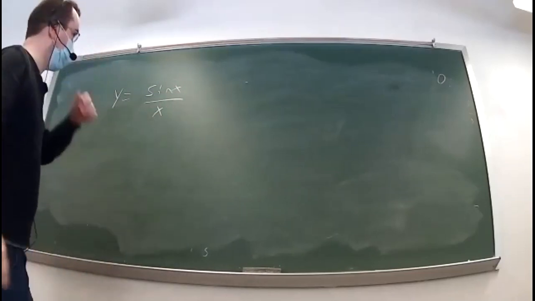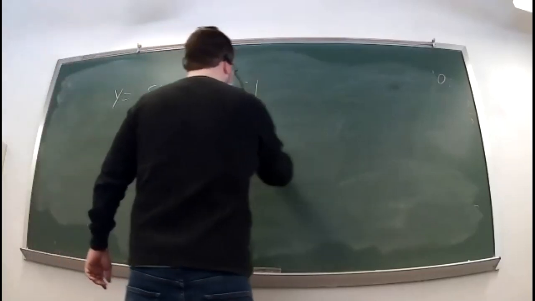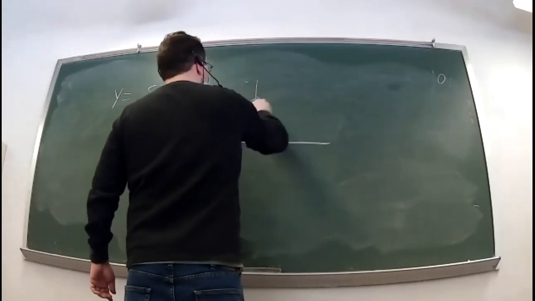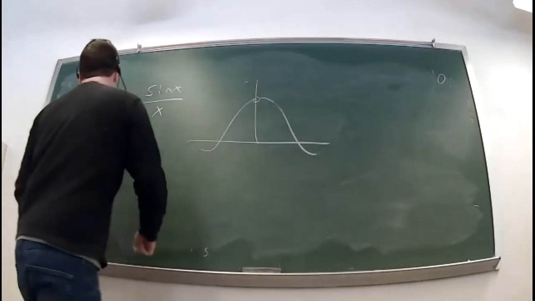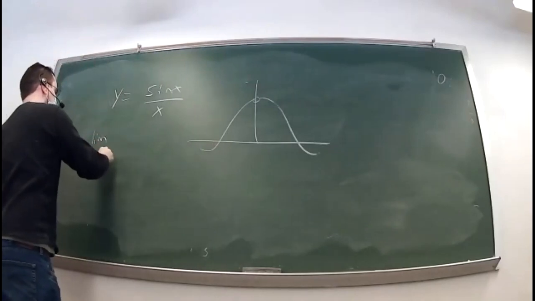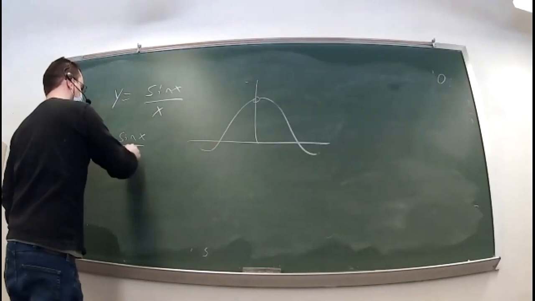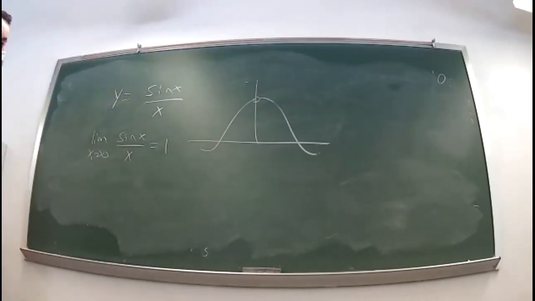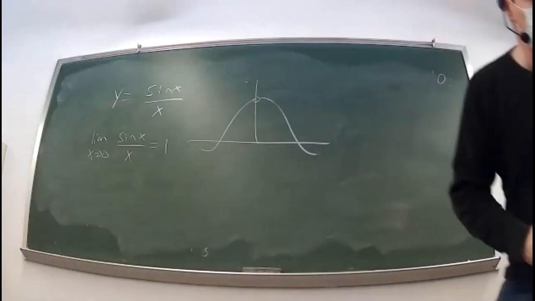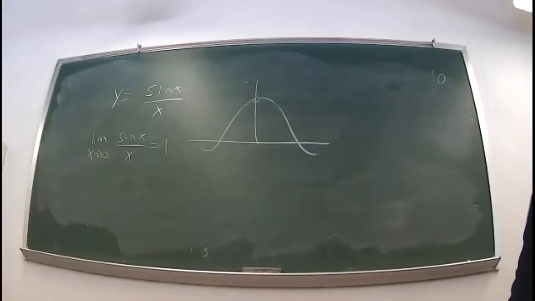If you go back to sine x over x, and you want to say something like limit as x goes to 0 of sine x over x equals 1, then you know that you can't simply plug in the value x equals 0, but you want to find a way mathematically to formalize the idea that clearly you could just fill in the graph with the number 1 and it makes this nice continuous shape.